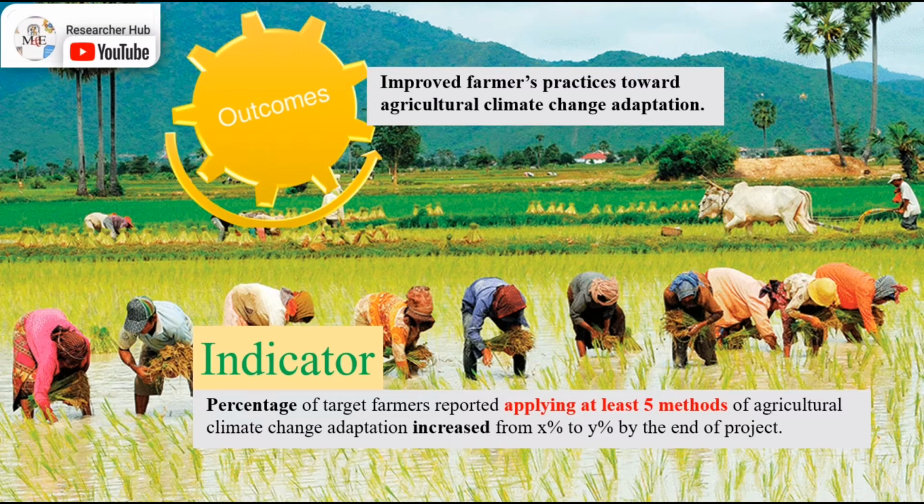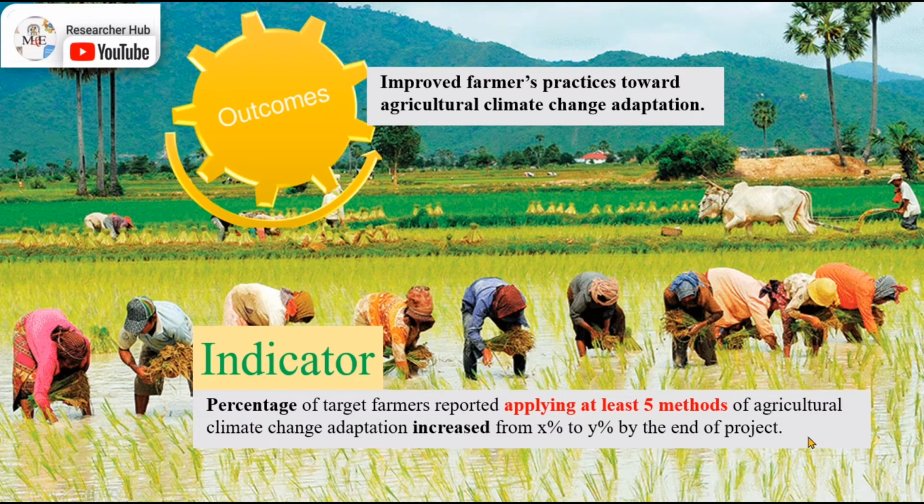This indicator is not only interested in whether people apply or not, but also would like to know how many methods have been applied. So here, more qualitative information, qualitative data, is collected through this indicator.